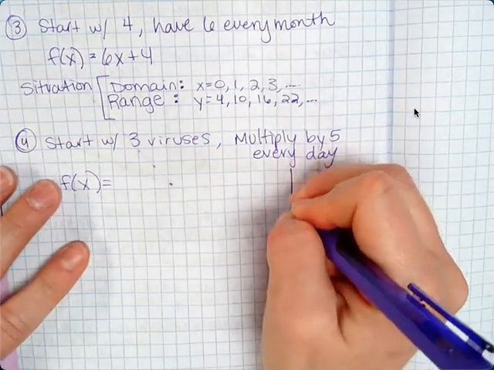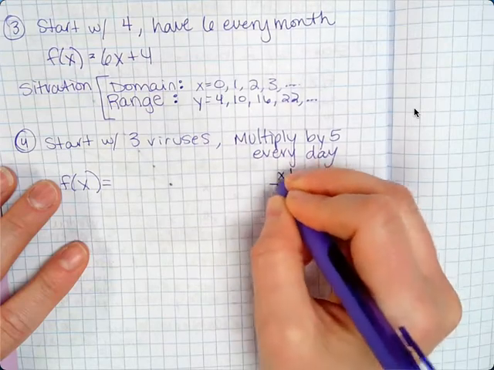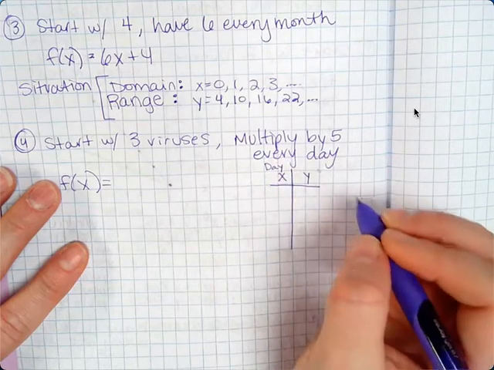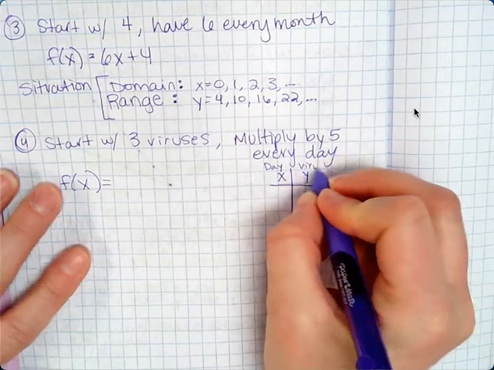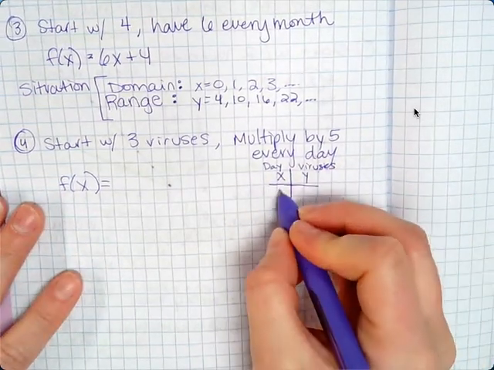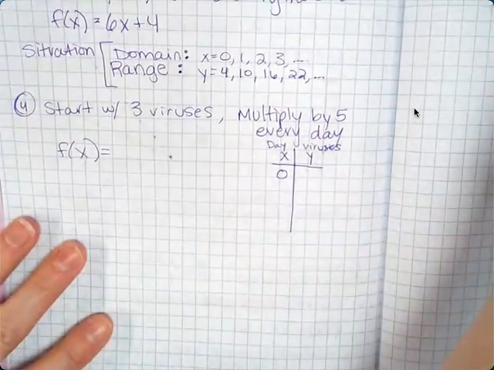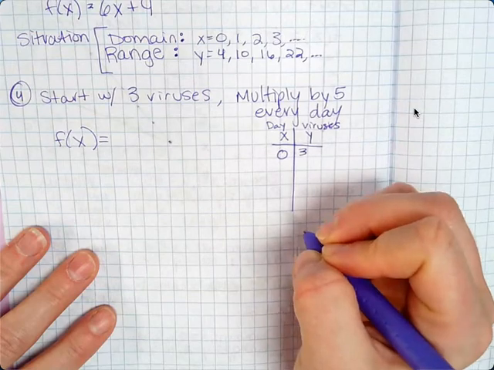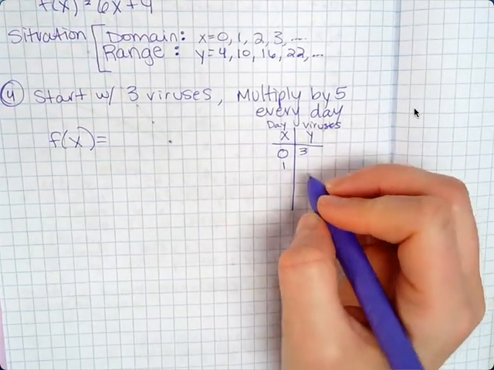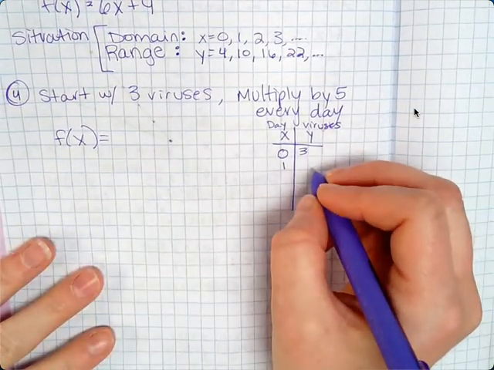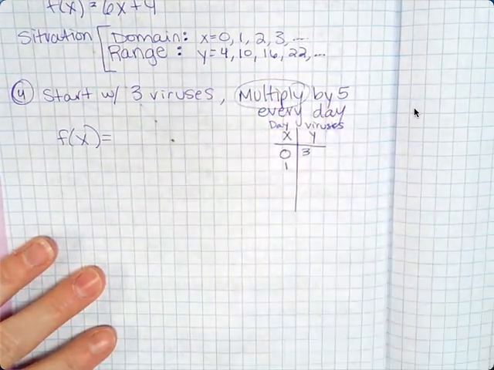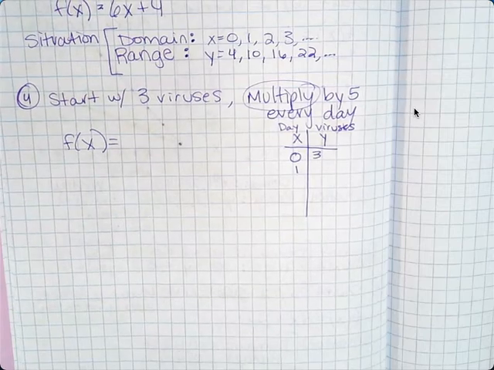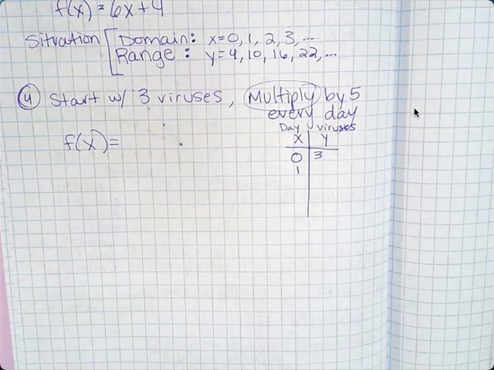Let's make a table. I think the table really helps. So let's say X is days, Y is viruses. So on day 0, how many viruses do we have? 3. Day 1, how many do we have? No, because it's multiplied. Remember the viruses, how they increase rapidly? So it's multiplying by 5 every day.